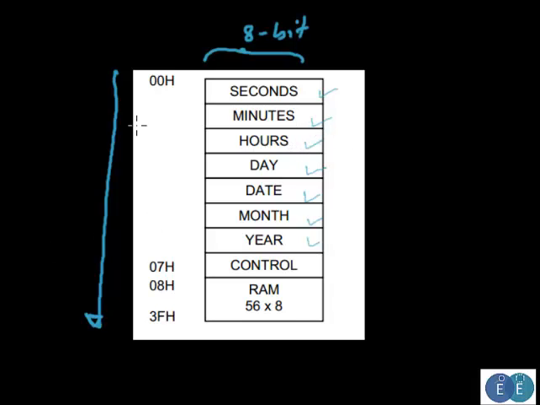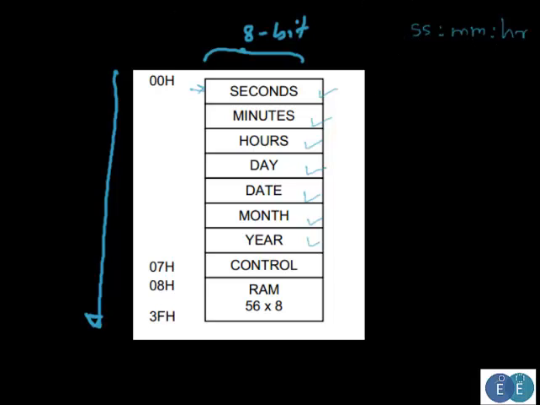Just remember these addresses at the back of your mind. Especially, the seconds start at 00, and the first 3 places would give us time. So this would be seconds, followed by minutes, followed by hours. And remember the sequence as well.